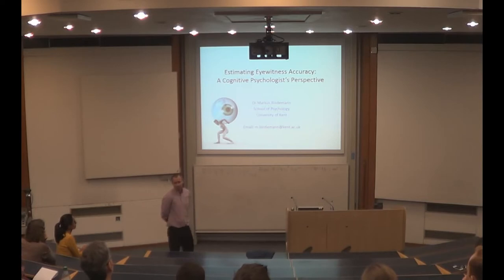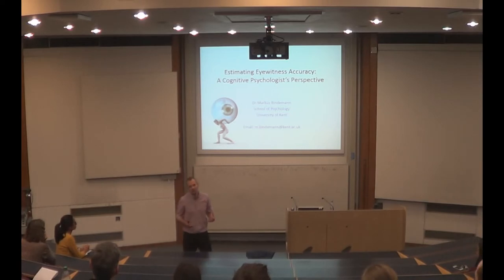What I've found over the years is that there are a few things in my research field, which is the theoretical study of face perception, that I think could be useful to how we think about eyewitness identification. And today I just want to introduce you to a few of these ideas.